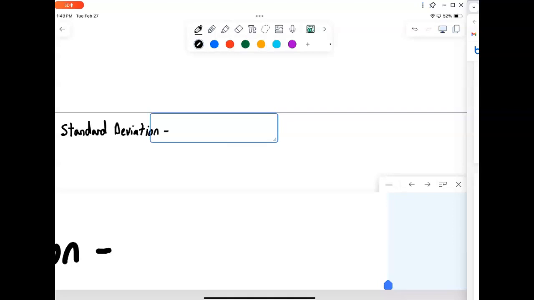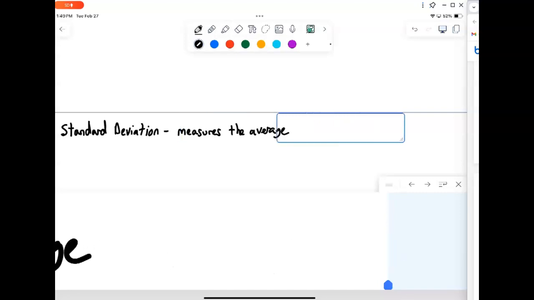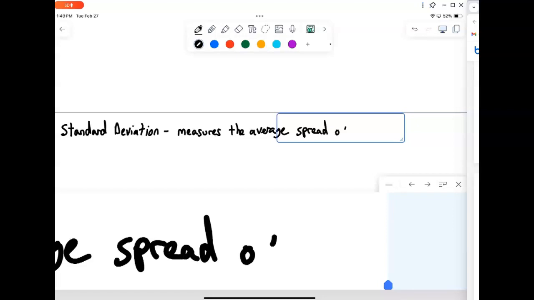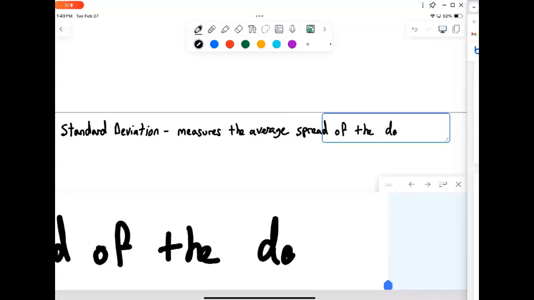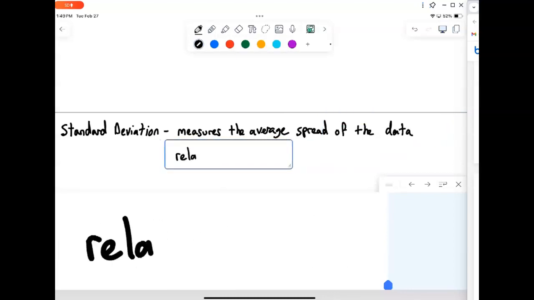All right, and what the standard deviation does is it measures the average spread of the data relative to the mean.